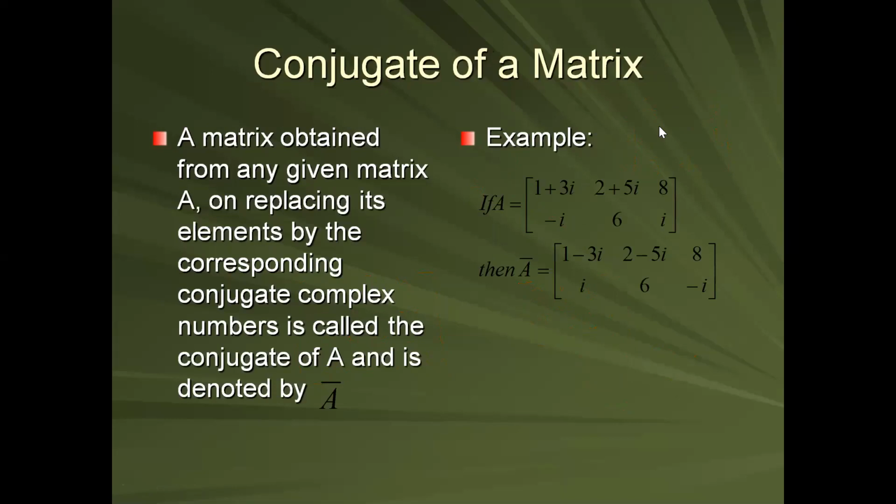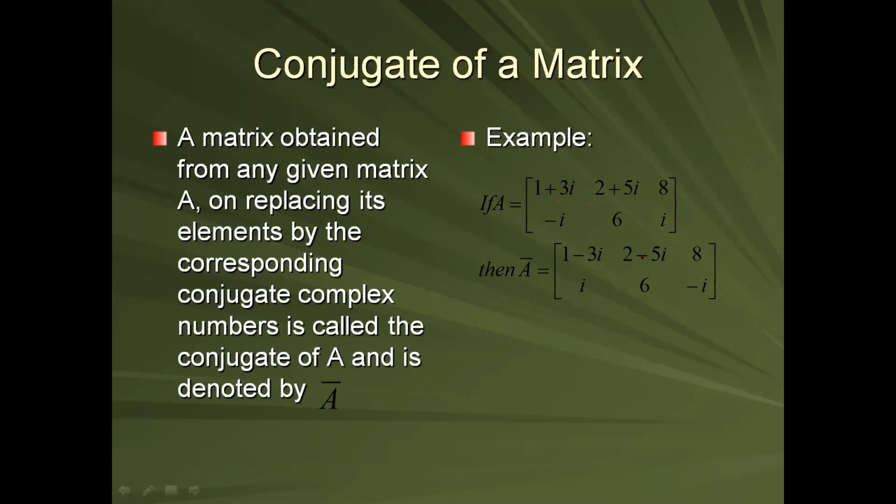The next is conjugate of a matrix. You have to remember all these things. Next time when you will come, I will start my lab with these questions. Conjugate means, let's not see the formula. Let's see the example, so it will be clear. 1 plus 3i. So when you write conjugate, you have to write 1 minus 3i. 2 plus 5i.